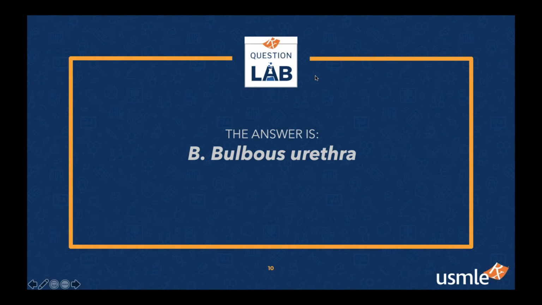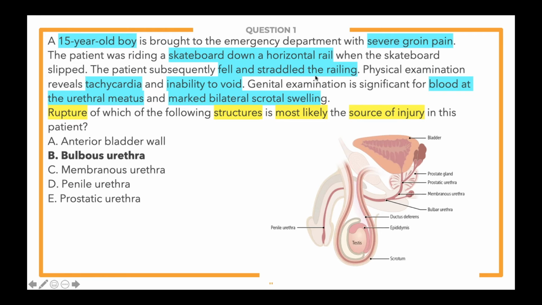Thank you, Sean. Yes, definitely a tough question. So let's take a look at what's going on here in this patient. So we have a 15-year-old boy who essentially has a straddle injury, okay? You see this in people who are gymnasts, who ride bicycles or skateboards.